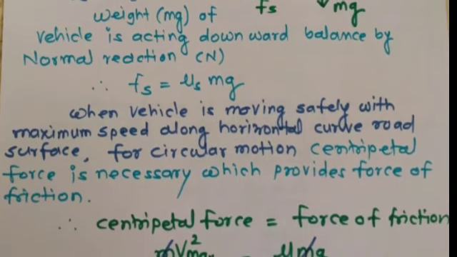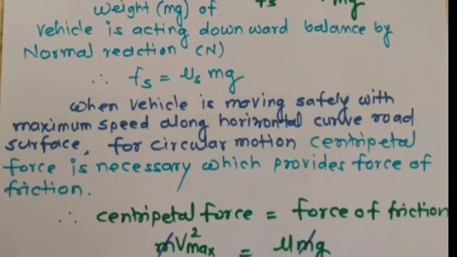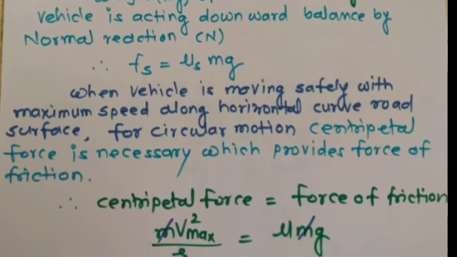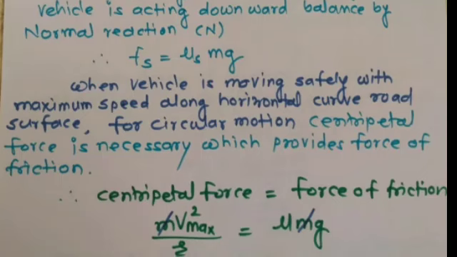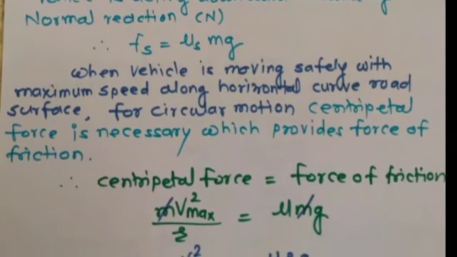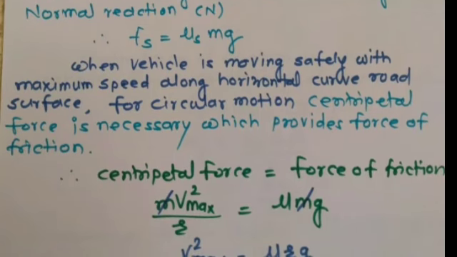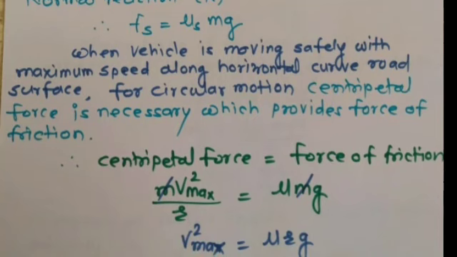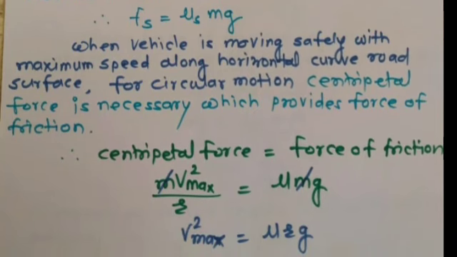For circular motion, centripetal force is necessary, which is provided by force of friction. Therefore, centripetal force is equal to force of friction. So, m v square maximum upon r is equal to mu into mg. m gets cancelled.